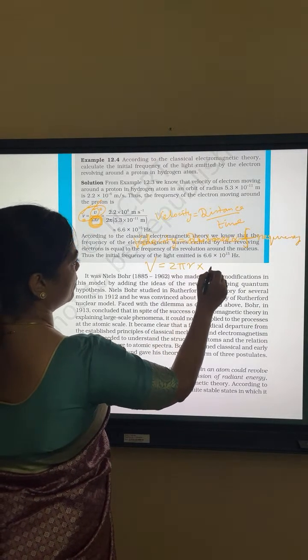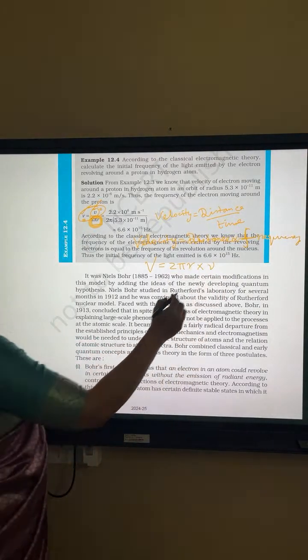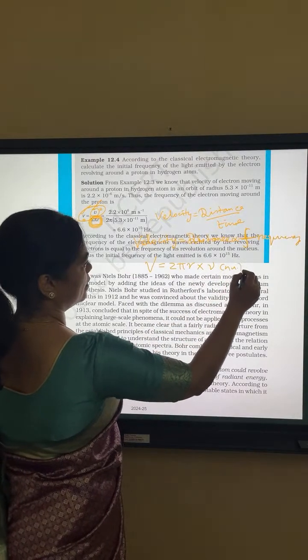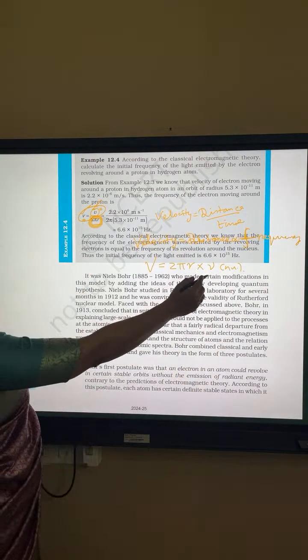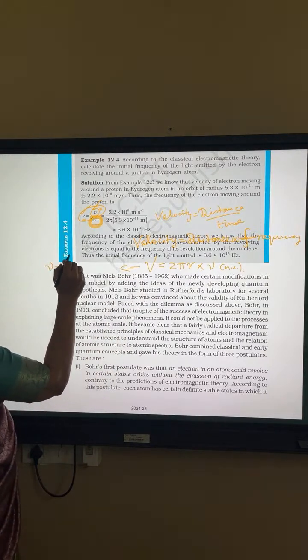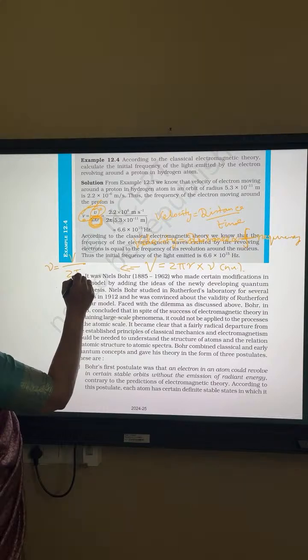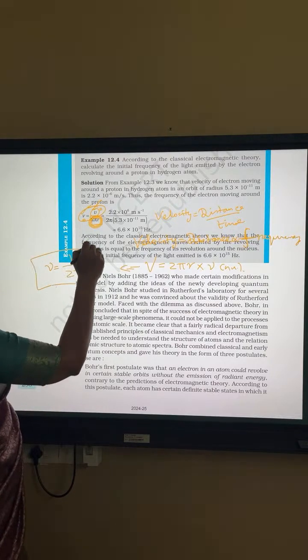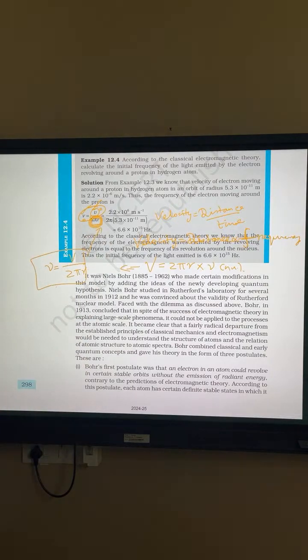The frequency can be denoted by letter nu. If you want to find the frequency, then nu is equal to v by 2 pi r. So you will get the formula from this. Have you copied down?